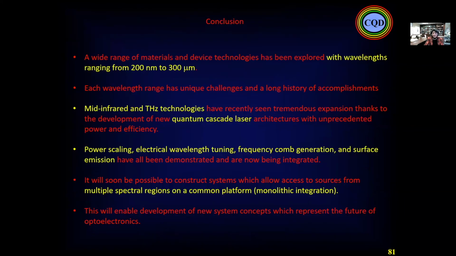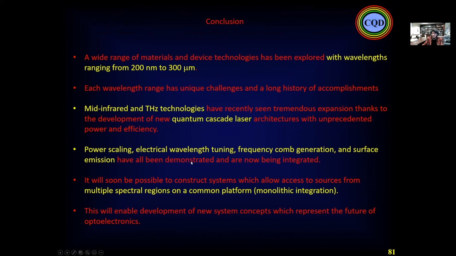So I would like to conclude my talk to say that a wide range of material and device technology has been explored with wavelengths ranging from 200 nanometers to 300 microns. Each wavelength range has a unique challenge and a long history of accomplishment. Mid-infrared and terahertz technology have recently seen tremendous expansion thanks to the development of new quantum cascade laser architectures and unprecedented power and efficiency.